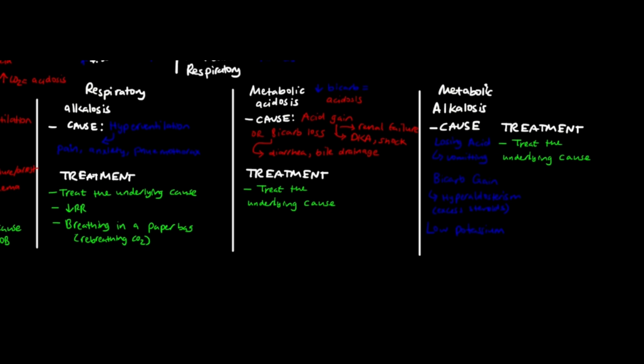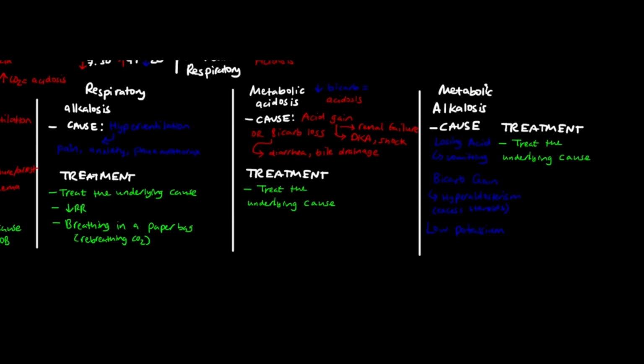In one of our past videos going over ABGs, we had a problem in which the ABG situation was metabolic and respiratory acidosis. The pH and the CO2 are moving in opposite directions, so this is respiratory acidosis, and the pH and the bicarb are moving in the same direction, so this is also metabolic acidosis.